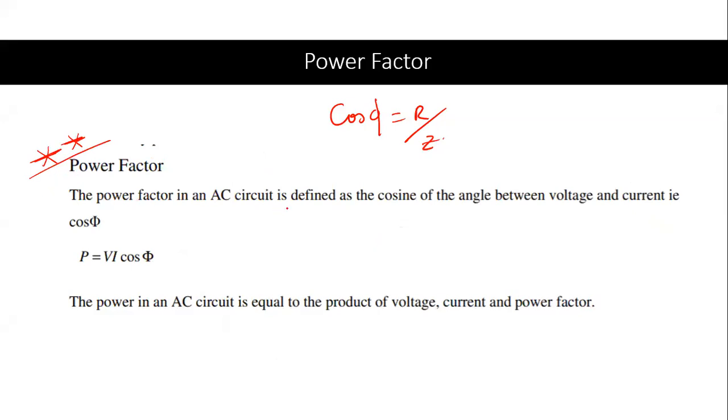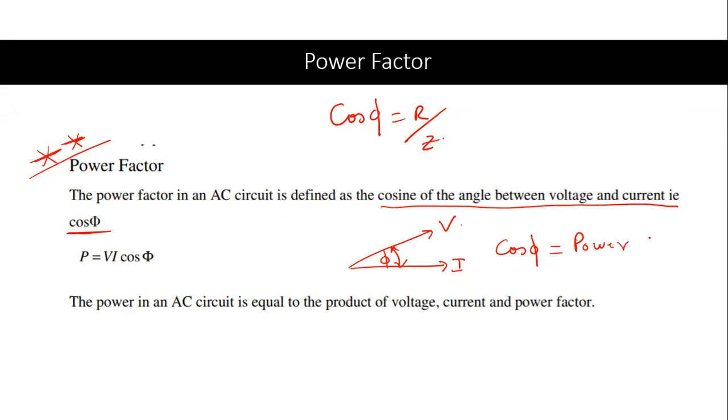The power factor of an AC circuit is defined as the cosine of the angle between voltage and current, that is cos phi. If this is V and this is I, and there is an angle phi between them, cos phi will determine the power factor of this circuit.